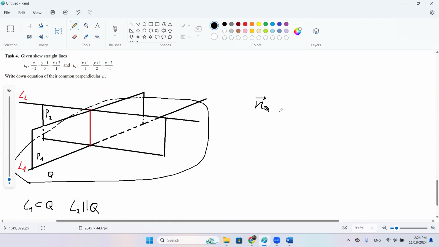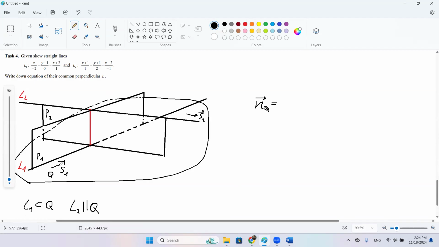I thought that we can write the normal vector from the numbers that divide the coordinates of the line, but now I see. Lines L1 and L2 are not parallel, they are skew.